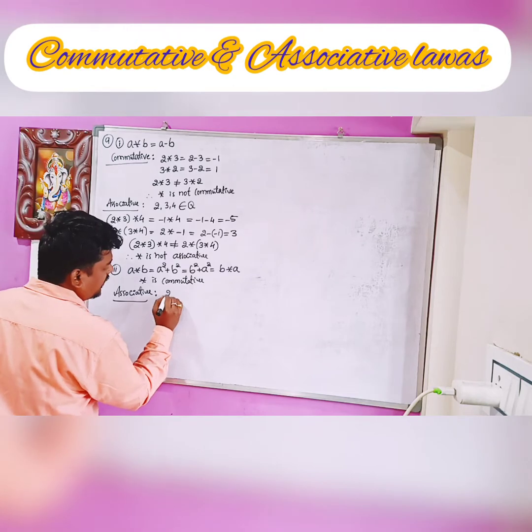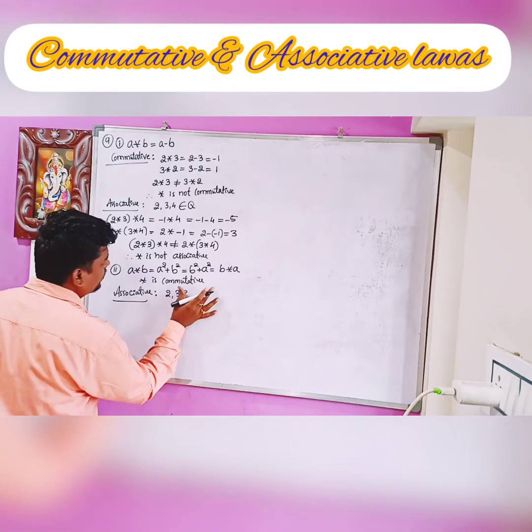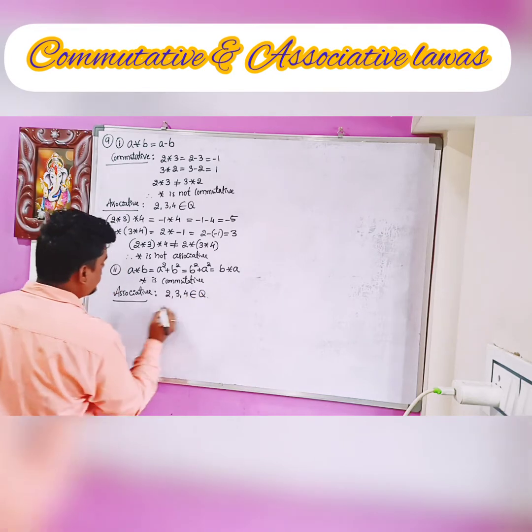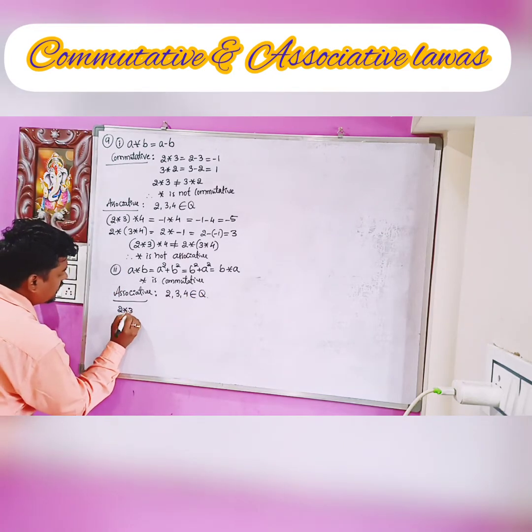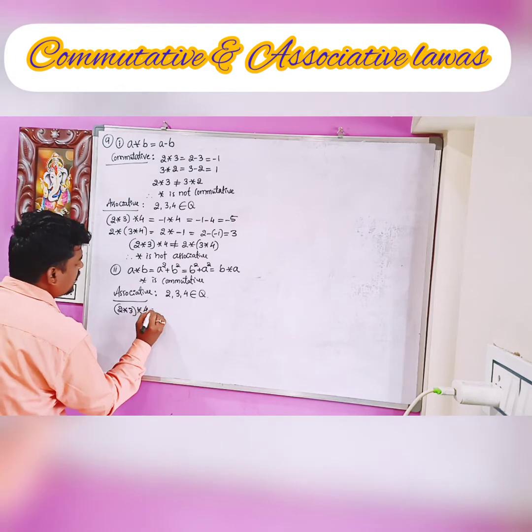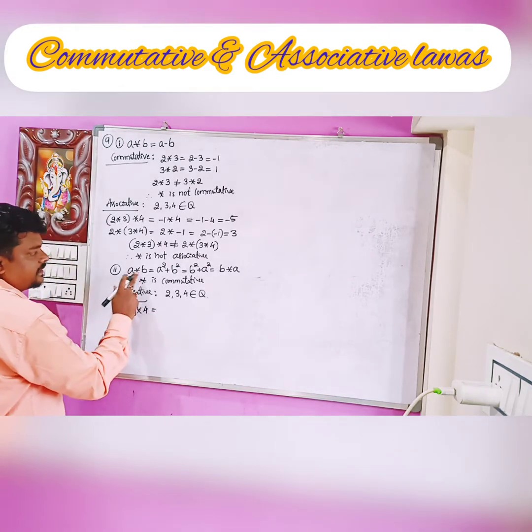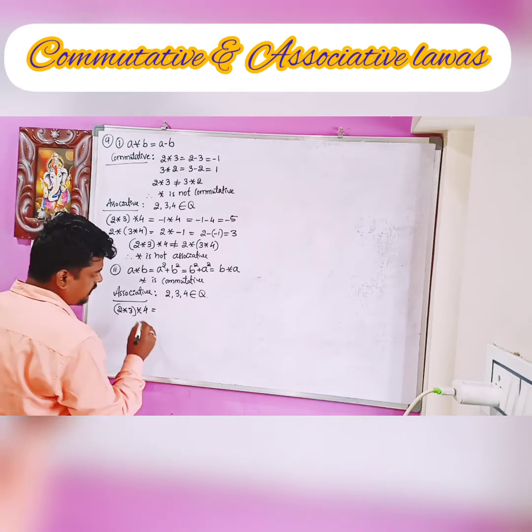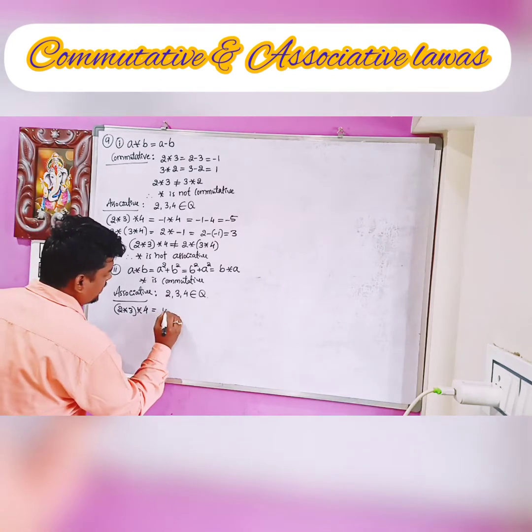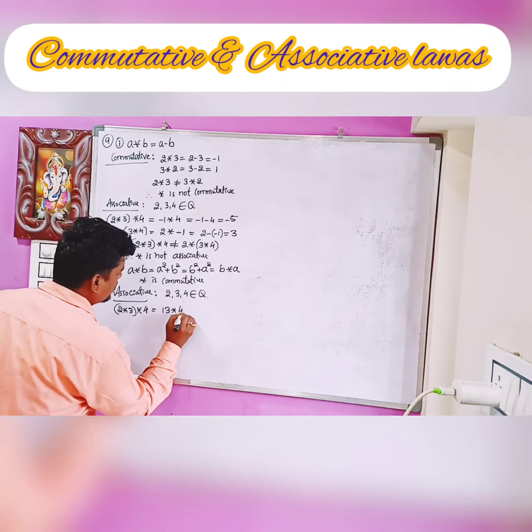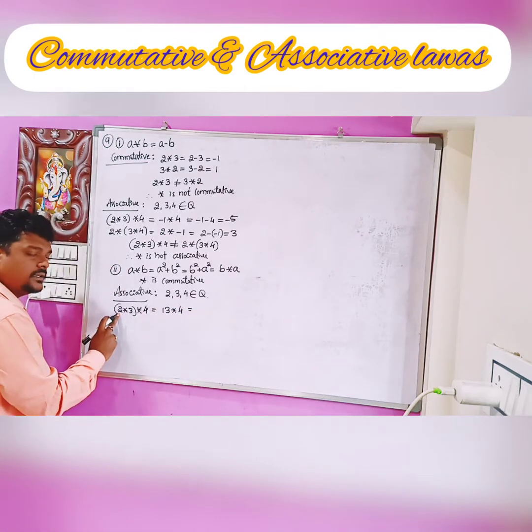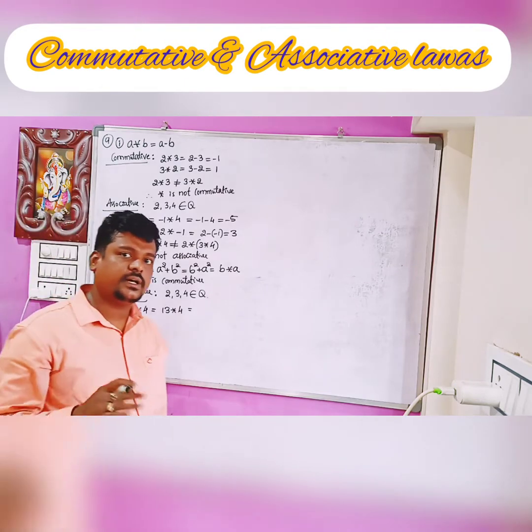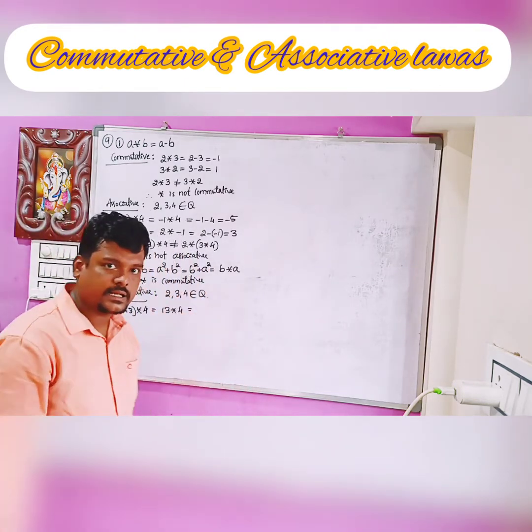Take an example 2, 3, 4, which belong to rational numbers. What is (2 star 3) star 4? 2 star 3: A star B means A square plus B square, so 2 square plus 3 square, 4 plus 9, which is 13.